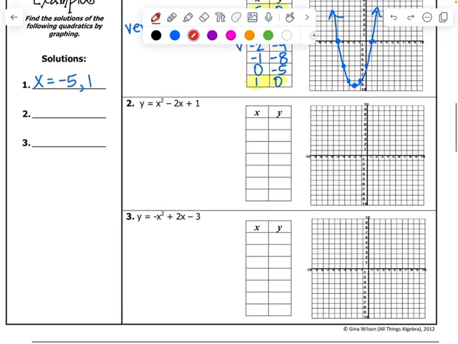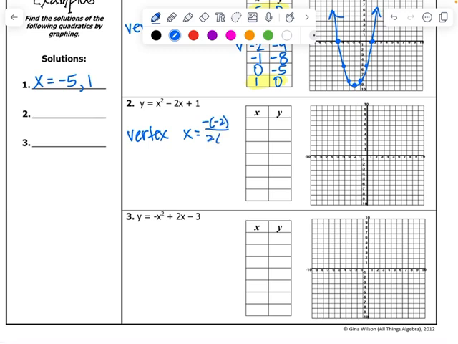Okay, so let's look at number 2. Let's talk about where the vertex is. If we take negative b over 2a, what do we get for our vertex? We should get x is 1. Now, go ahead and plug x equals 1 into the equation.